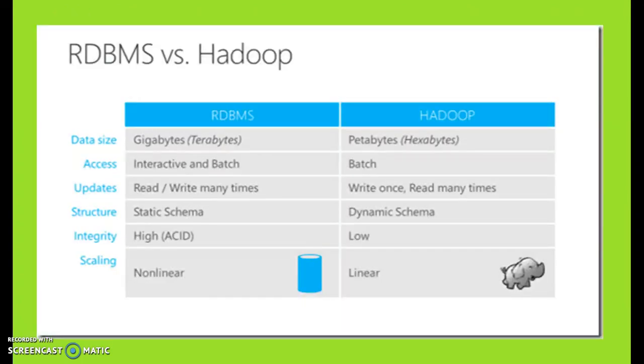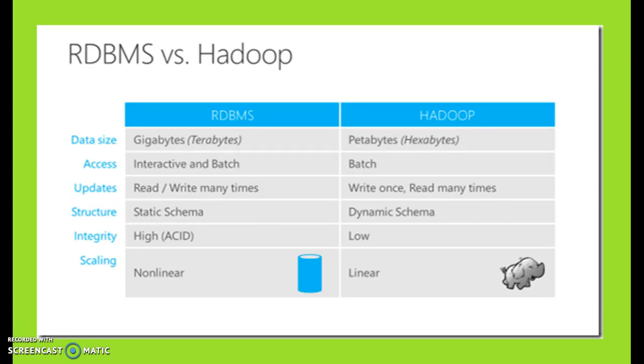So this is again another differentiation that we have based on the data size. The RDBMS basically stores data in the gigabytes range, and Hadoop can manage somewhere in petabytes and exabytes of data. And access, interactive and batch, in Hadoop we have access through batch.